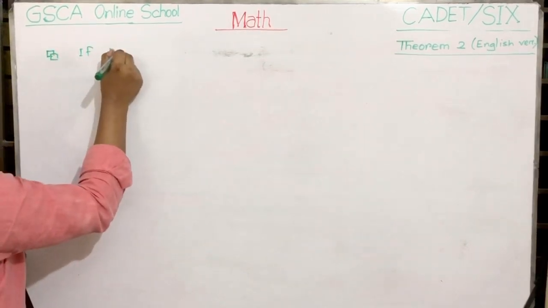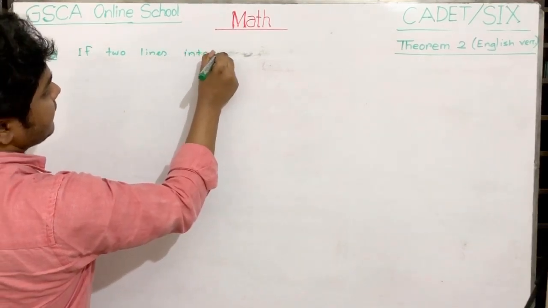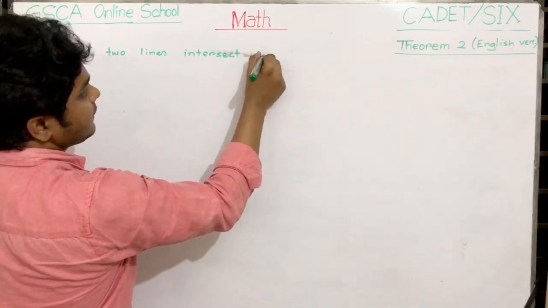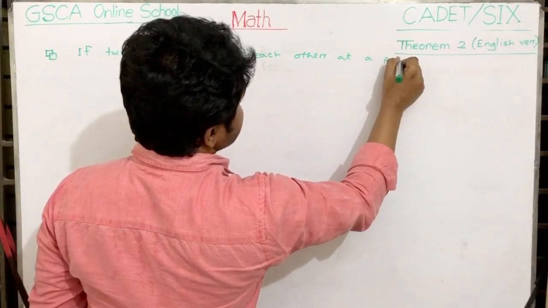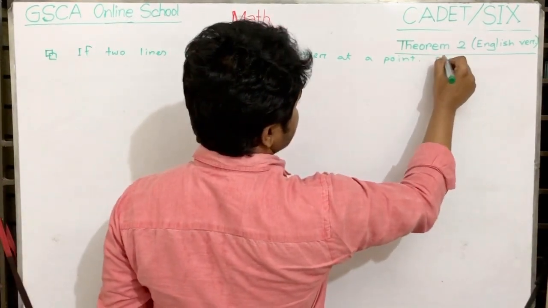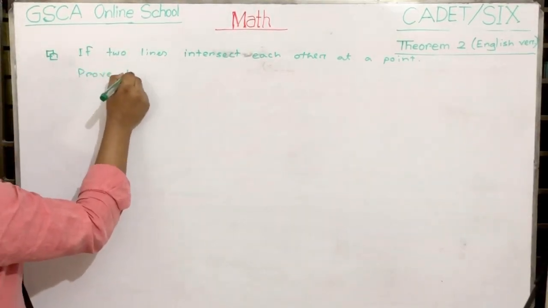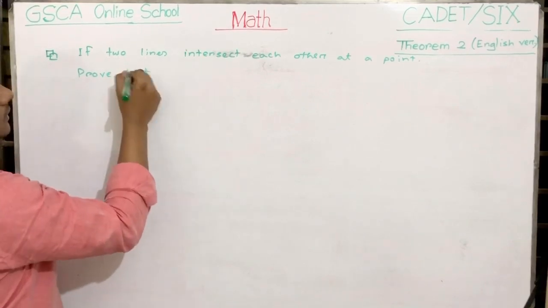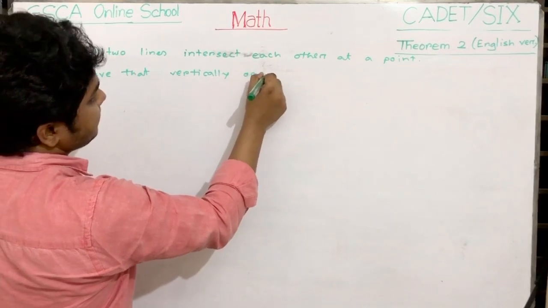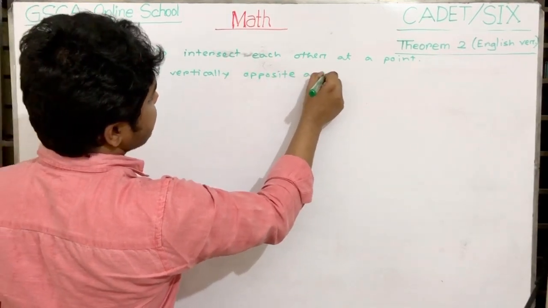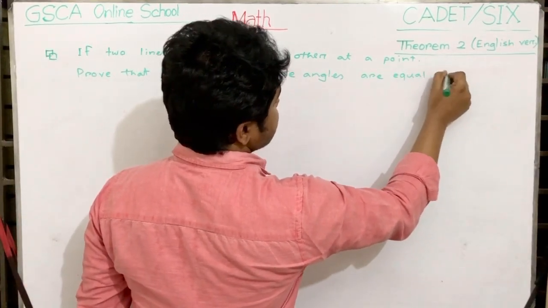If two lines intersect each other at a point, prove that vertically opposite angles are equal to each other.